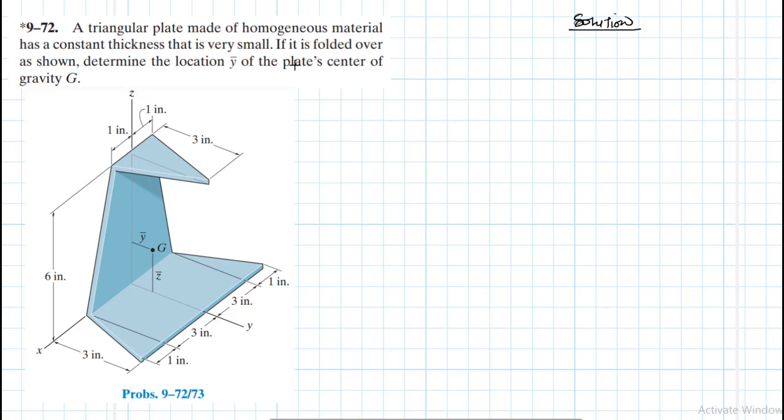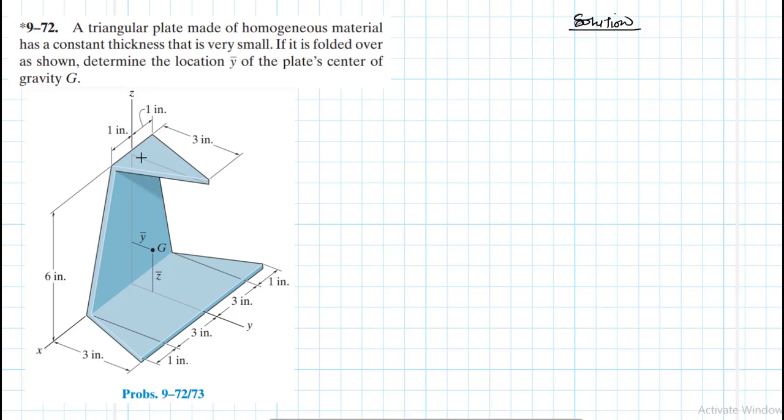And if the material is homogeneous, it simply means the centroid will coincide with the center of gravity, given that the material is within a uniform gravitational field. Alright, so having said that, let's begin solving the problem.